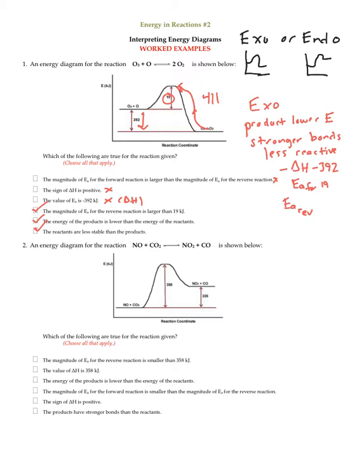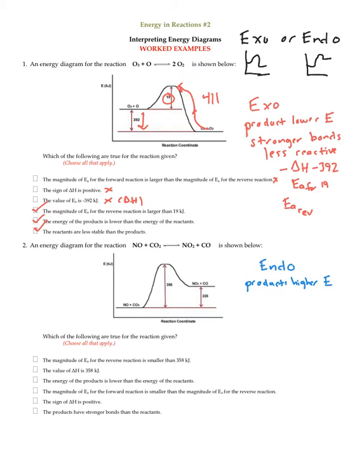And finally, it says the reactants are less stable than the products. Absolutely, right? Because again, the reactants are at a higher energy, which means they are less stable. So thinking about those things before you look at your choices is going to make deciding if your choices are right or wrong much easier. Let's look down here at the bottom where we have an endothermic reaction. The things that we talked about at the top are going to be the opposite down here, right? Our products are at a higher energy. That's what makes it endothermic.